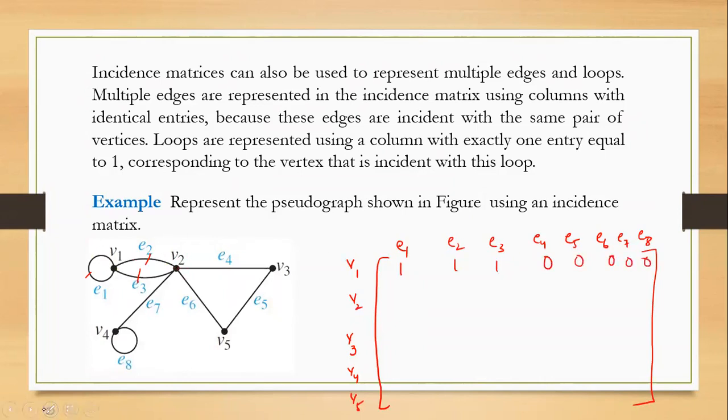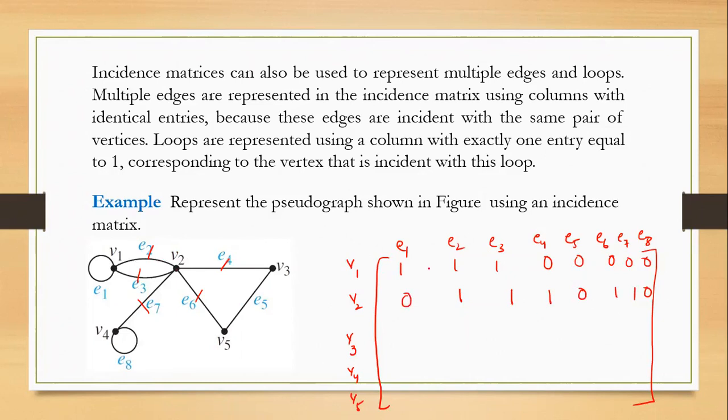After that, we have V2. V2 is incident to E2, E3, E4 and also E6, and also E7. So there are 5. We will write 1 for E2, E3, E4, E6 and E7, and it is not incident to E5, E8 and E1.